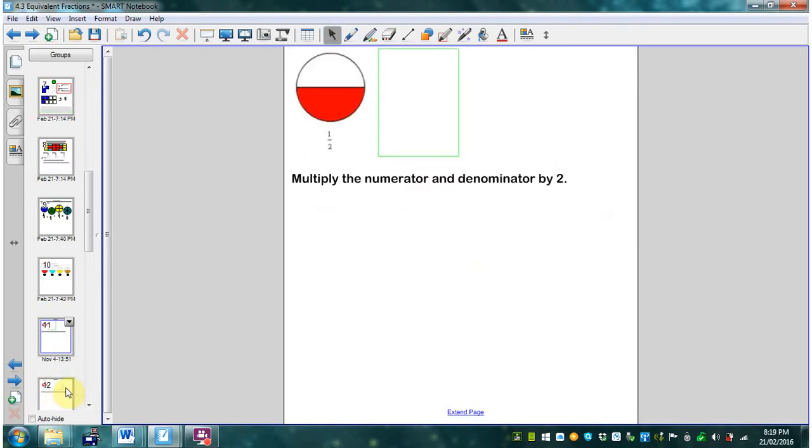Alright, so here's where we make the connection to math. We're going to take the fraction of half, and we're going to multiply the numerator, remember, that's the top number, by 2. I'm going to write that in red ink. And we're going to multiply the denominator by 2.